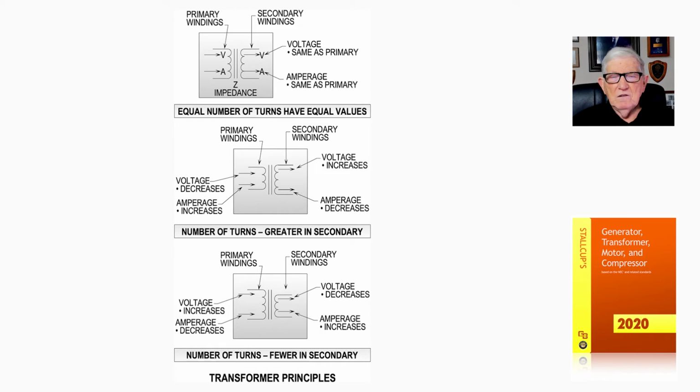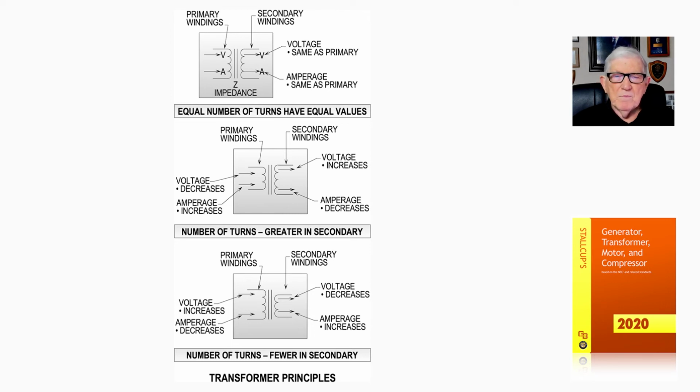Now, let's take a look at where we would have fewer turns in the secondary and more turns in the primary. Now, when we look at that illustration, as I just stated, voltage will increase, then the amperage decreases. On the secondary side now, as the voltage decreases, the amps increase.